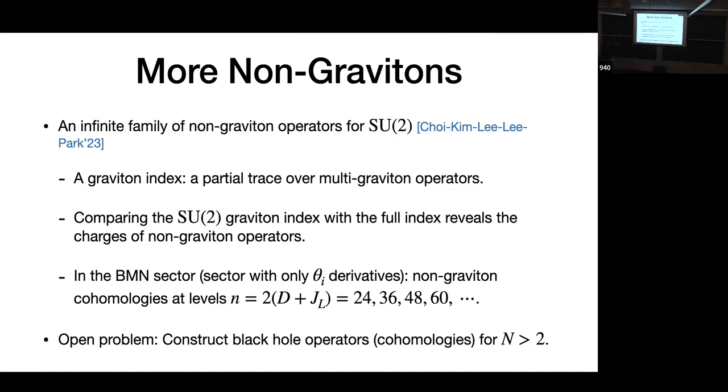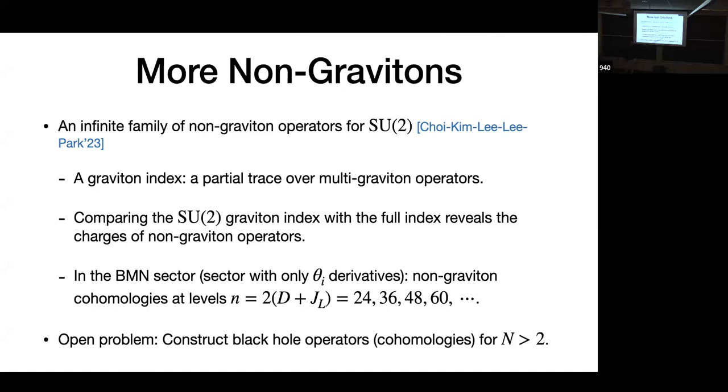After knowing the charges, which are actually quite important information if you try to construct some operator, and using that information, they also restrict to the BMN sector. That means they consider a sector with only theta derivatives acting on this superfield psi. Then they construct an infinite sequence of non-graviton cohomologies at higher and higher levels.